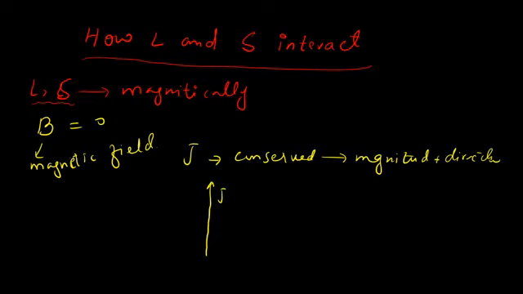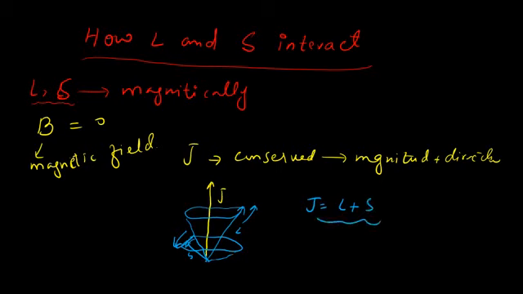Let's suppose this vector is L, and L will have a precession around J. Let's suppose this one is S. S will also precess around J. So L and S both combinedly precess around J and give us J equals L plus S. This is the interaction of total orbital angular momentum and total spin angular momentum when there is no magnetic field.